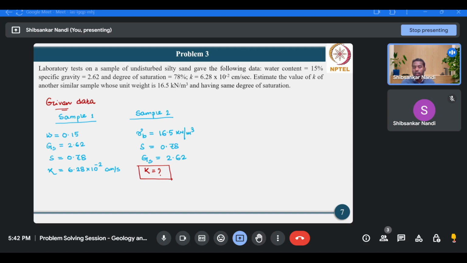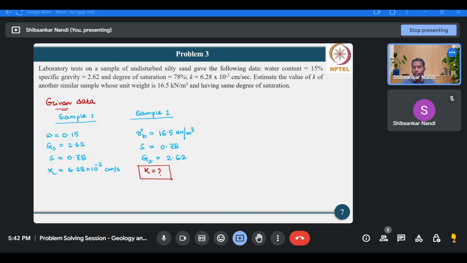If the hydraulic conductivity value, or the coefficient of permeability, would remain the same for both the samples, then it's absolutely fine; there is no need to identify the factor which can affect the variation in hydraulic conductivity.